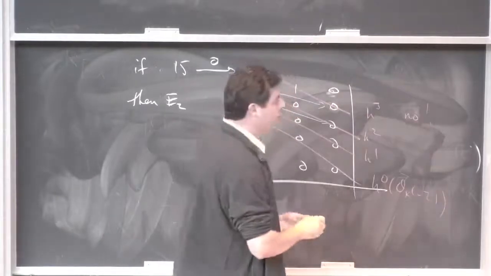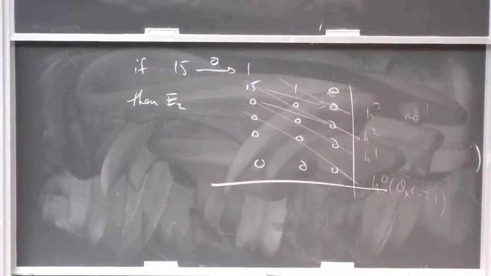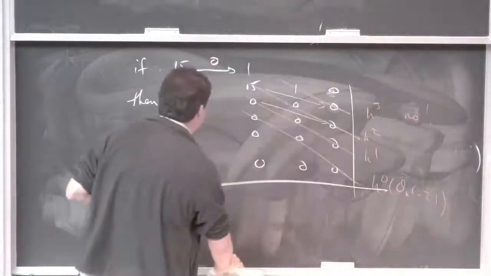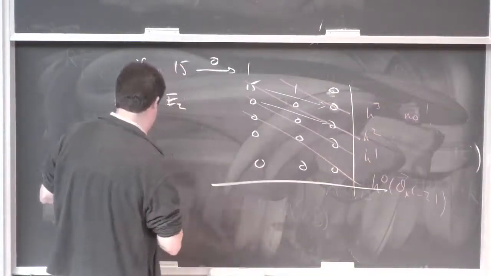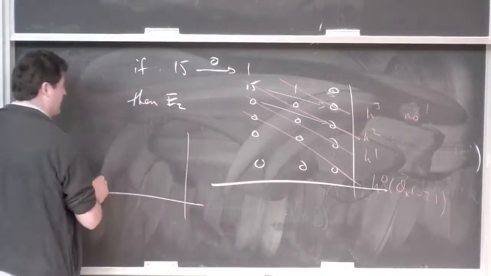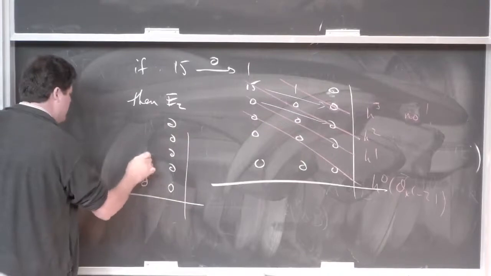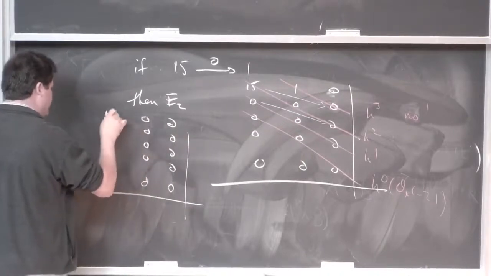So again, I don't actually have to know very much about this boundary map. This boundary map has to be a surjection. Otherwise, we would end up with H3 of O minus 2. So instead, the E2 page had to look like a bunch of zeros here, zeros there, and a 14 here.